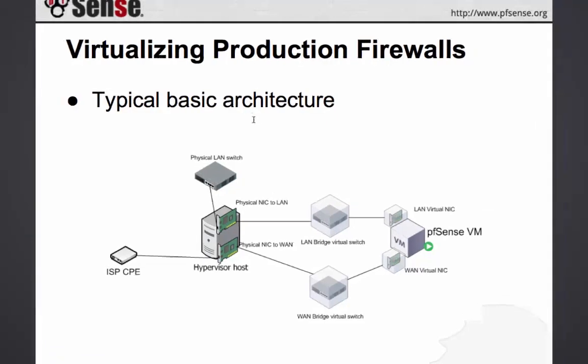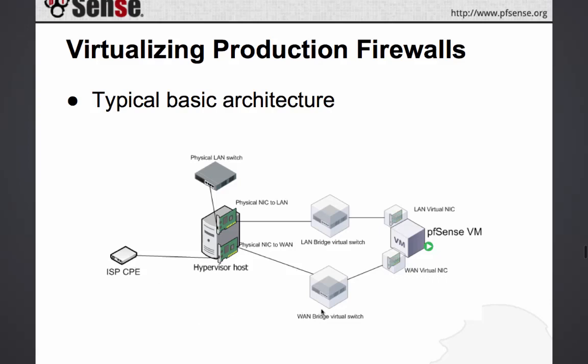Here's your typical basic architecture. So the hypervisor host has at least two NICs in it. For just a basic example, I've got two here. One of them goes to the LAN, the physical LAN usually, and then the other one goes to your internet connection, or a switch that goes to your internet connection. Maybe direct into a cable modem or a DSL modem or something along those lines, whatever CPE that you have there from your ISP.